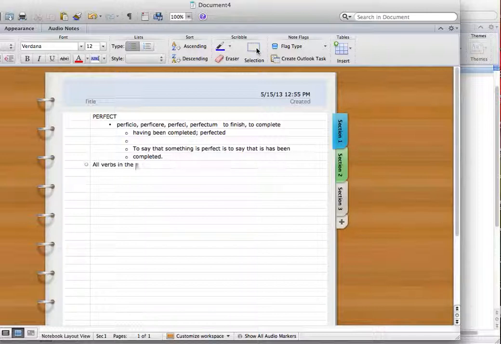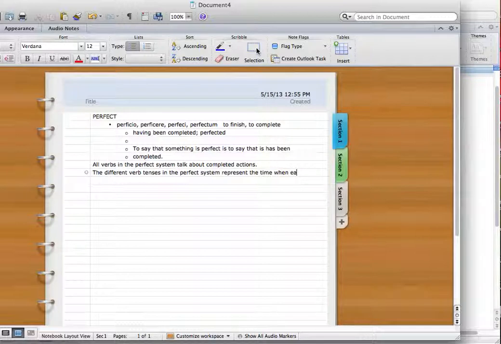All verbs in the perfect system talk about completed actions. The reason that there are three different verb tenses is because each tense talks about when the action was completed, and they are sequential. So the different verb tenses in the perfect system represent the time when each action was completed.